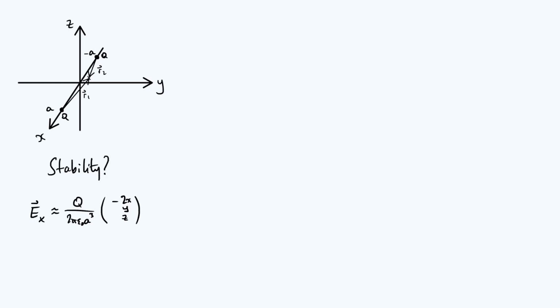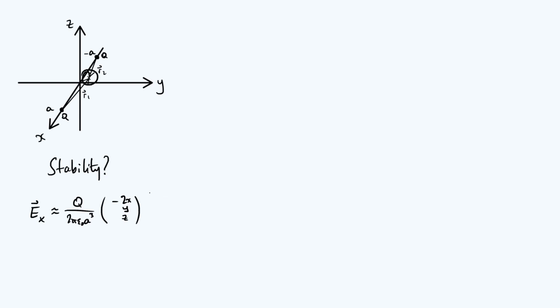So let's just assume for the time being that our test charge, remember, which was this little cross in the diagram up there, has the same sign as the capital Q charges along the x-axis. Then the electric force will have the same sign as the electric field.